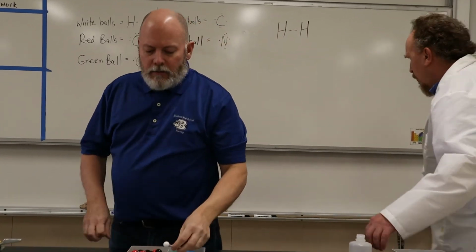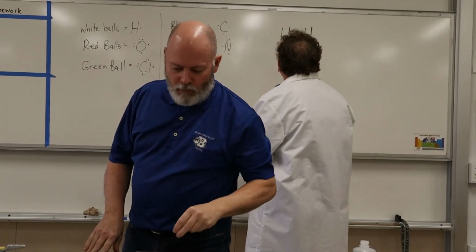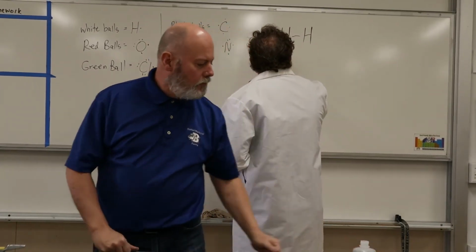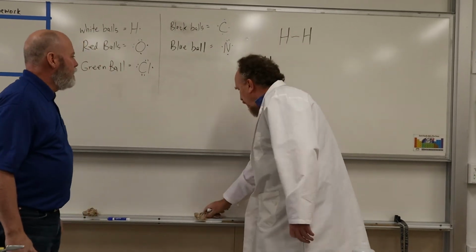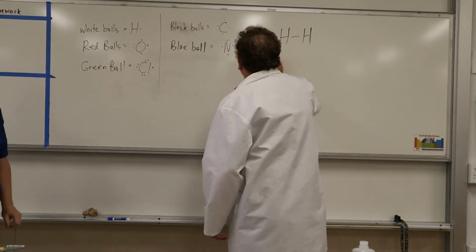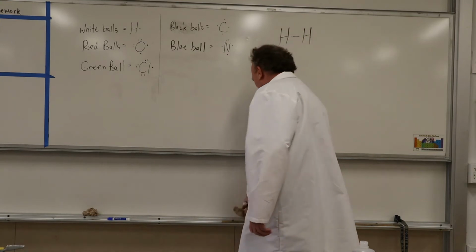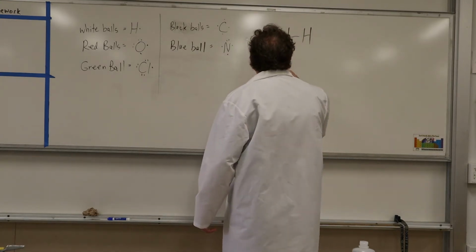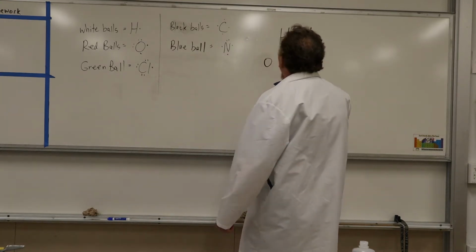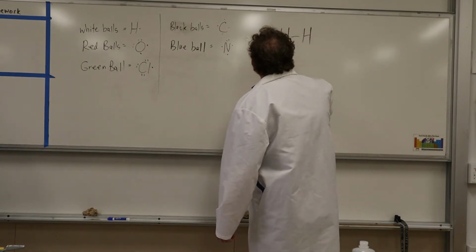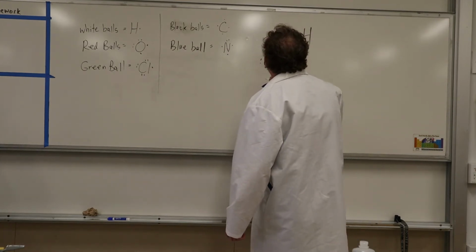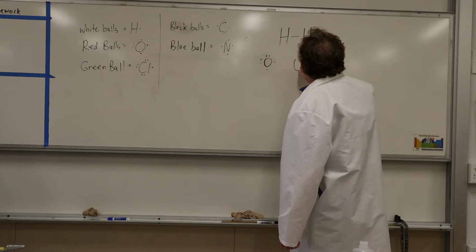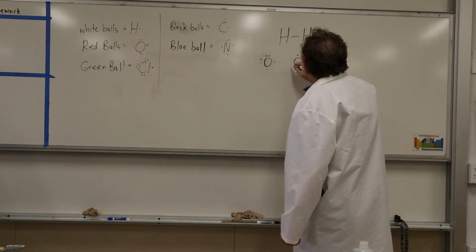Okay, now I'm going to do oxygen. Oxygen, you remember, has 6. So we got 1, 2, 3, 4, 5, 6, and we got another oxygen, 1, 2, 3, 4, 5, 6.